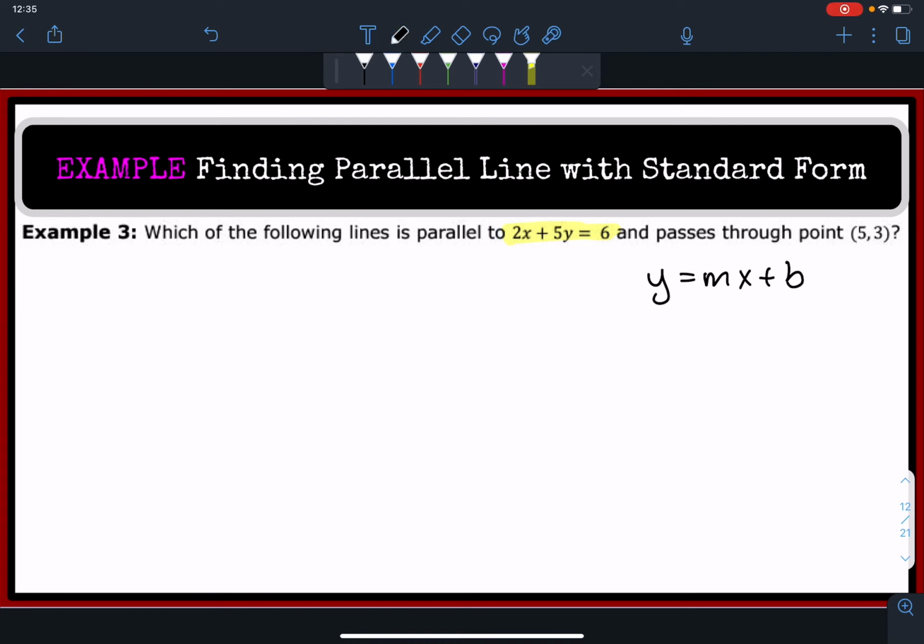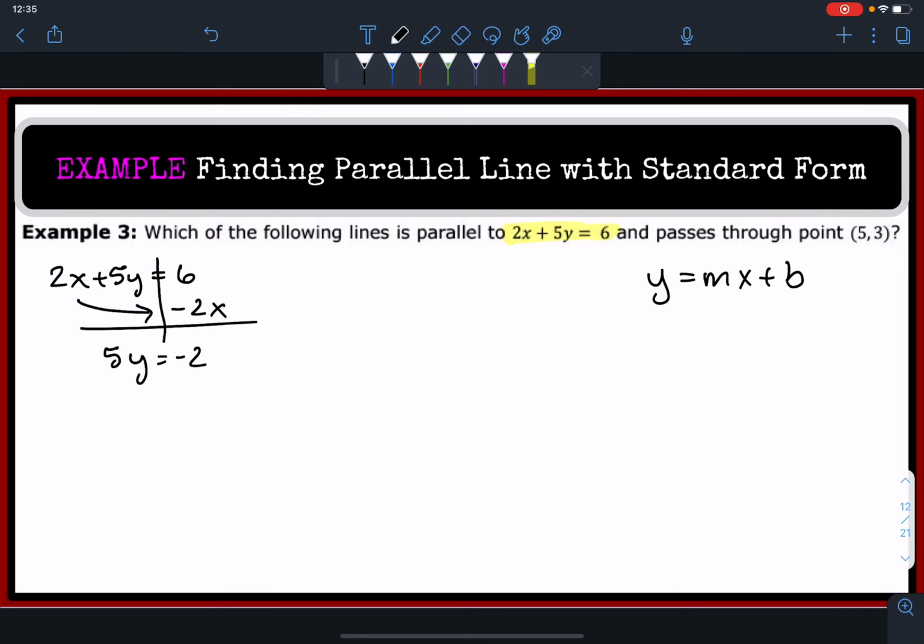So since this equation is written in standard form, I would have to rewrite it in slope-intercept form, moving the 2x to the right side, bringing everything down, and dividing by 5. We get that in slope-intercept form, the equation of the line is y is equal to negative 2 over 5x plus 6 over 5.